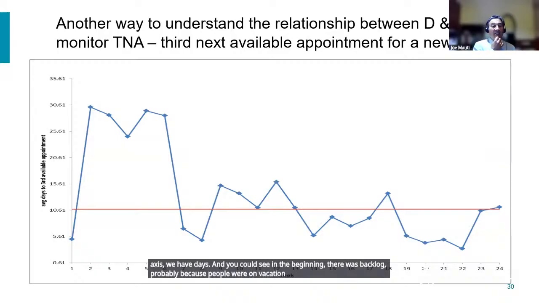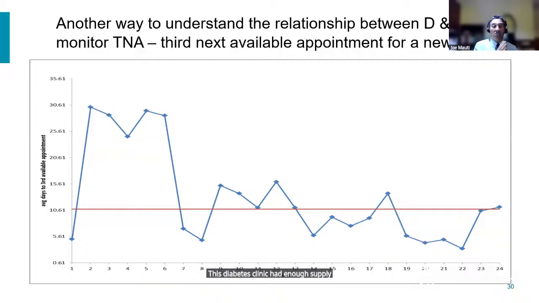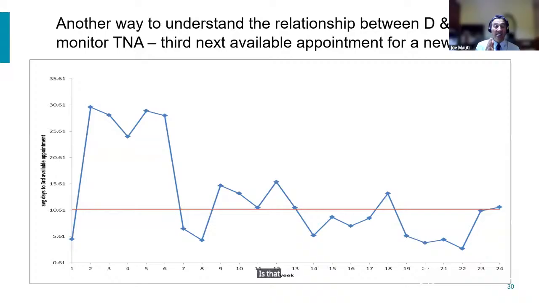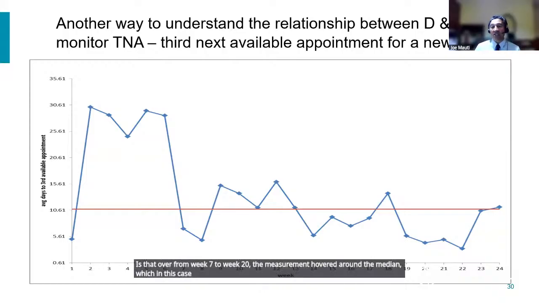But then this diabetes clinic had enough supply to match demand. Why do I know that? If demand every week was greater than supply, then the run chart would go up and to the right. But what we see is that from week 7 to week 20, the measurement hovered around the median, which in this case is around 10 days.